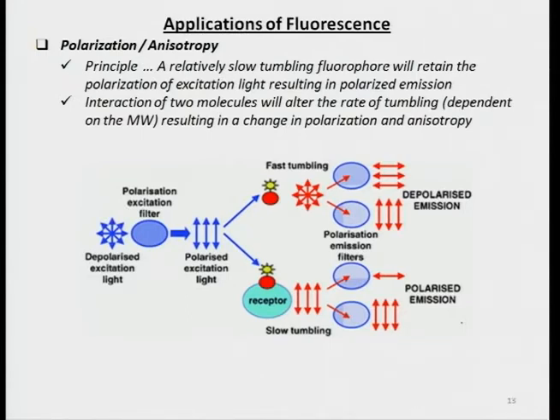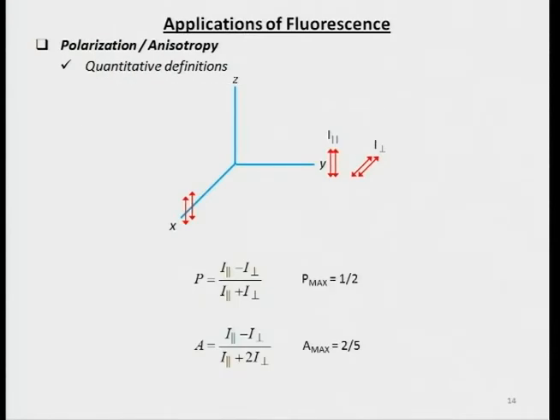There is some mixing that is involved, but to a significant extent that plane of polarization is retained, and we can measure different vectors, parallel vectors, these are all parallel, or perpendicular vectors, and based on the intensity of these we can find out what is polarization, and what is the change in polarization and change in anisotropy.